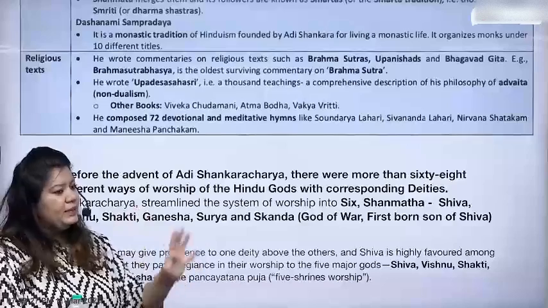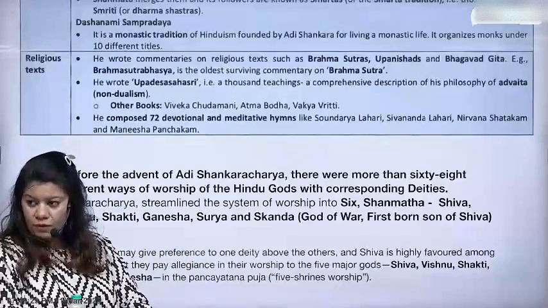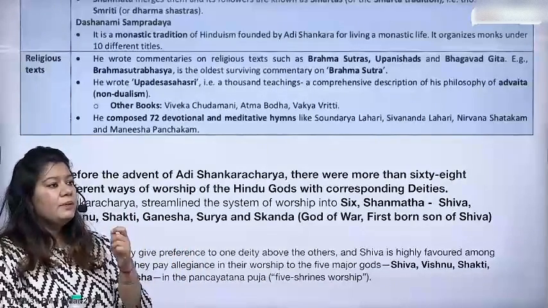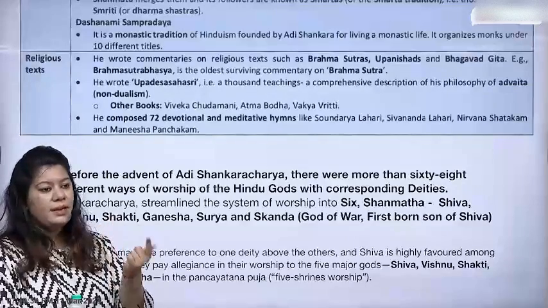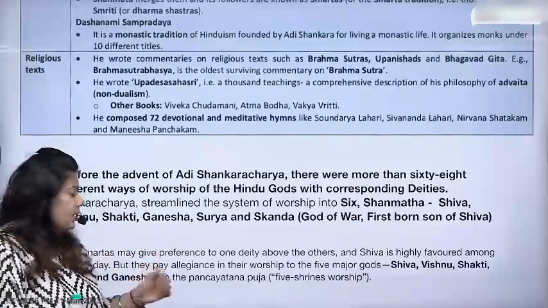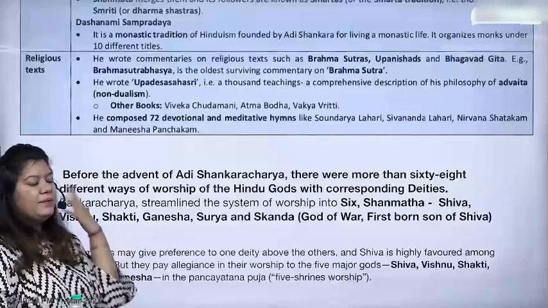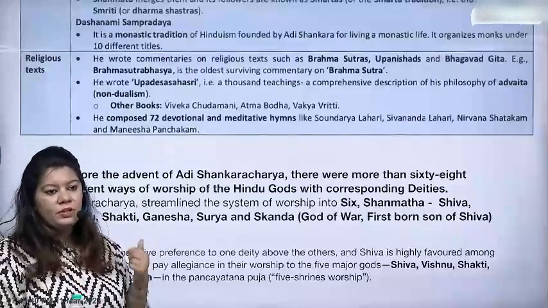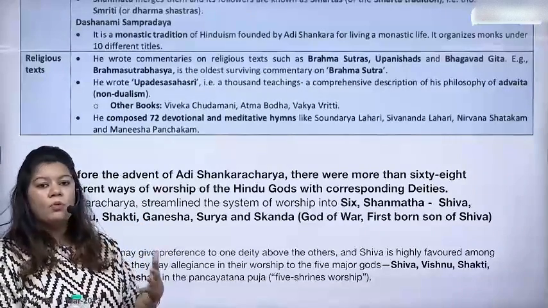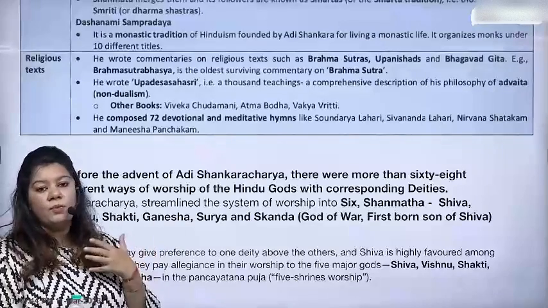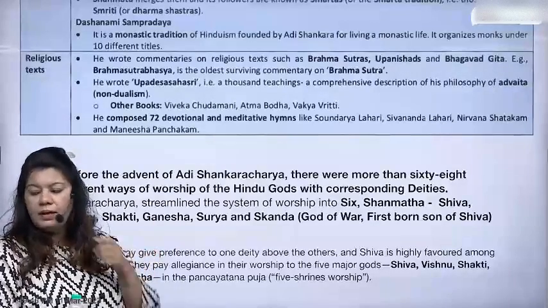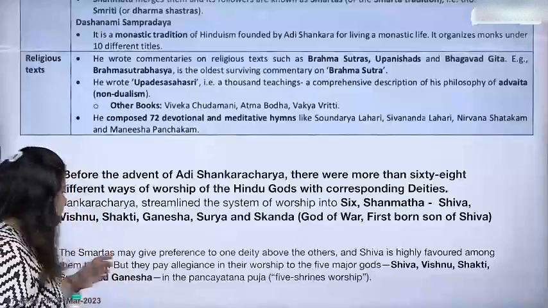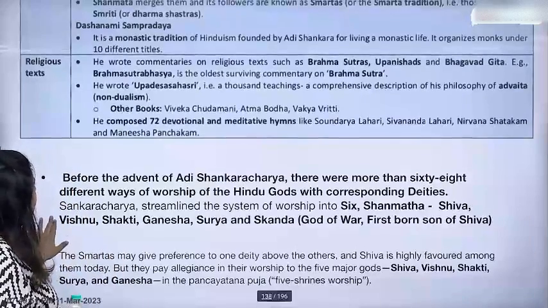So they believe in the existence of different forms of God, but unka devotion will be ascribed to one particular deity, right? So for example, you may believe in Ganesh, you may believe in Vishnu, but you will like to call or seek help more from Lord Shiva, right? So this is what Smarta worship is called, right?